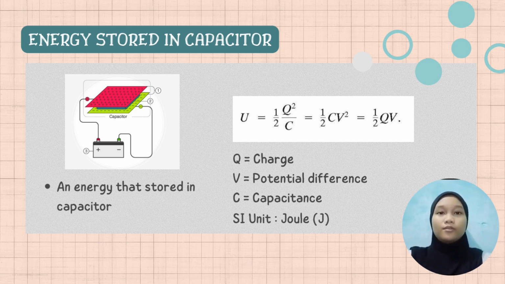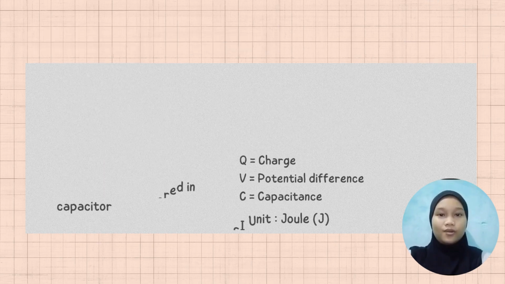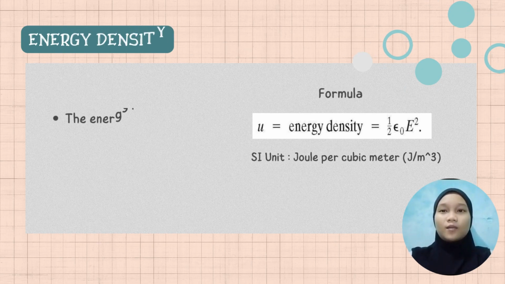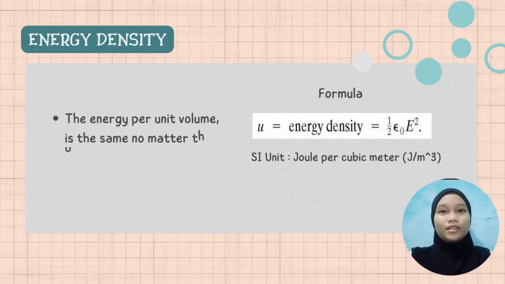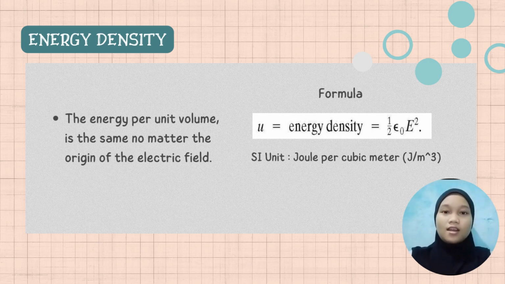The SI unit for energy stored is joule. Next, I'm going to explain energy density. The energy per unit volume is the same no matter the origin of the electric field. The symbol for energy density is small u. The formula is u equals half epsilon naught E squared. The SI unit is joule per meter cubed.